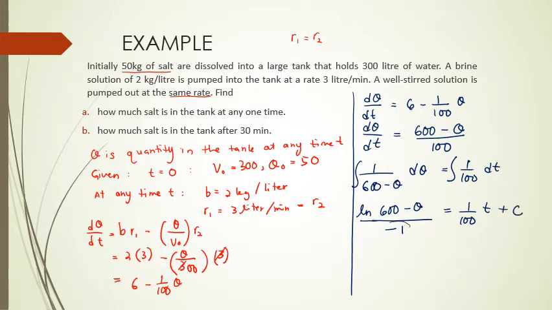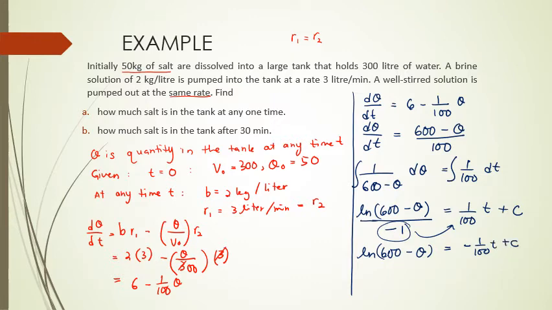So negative 1 ni, saya bawa pergi right hand side, so become ln 600 minus Q equal to negative 1 over 100 T plus C.